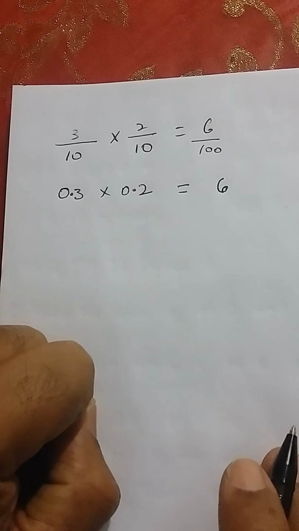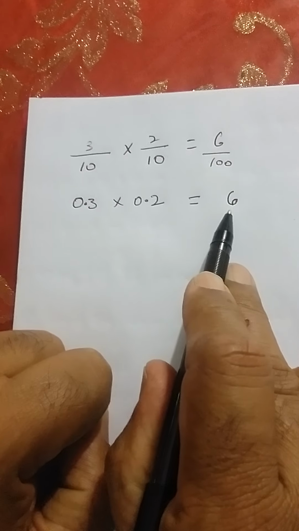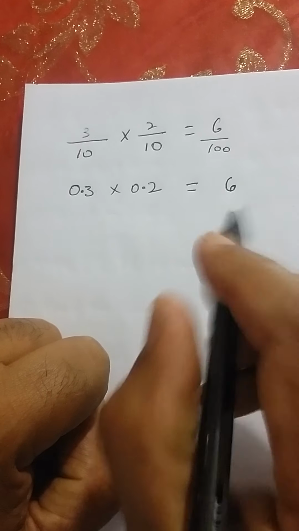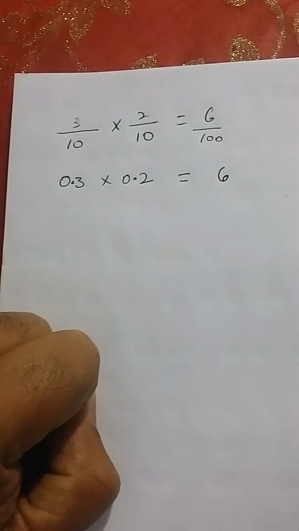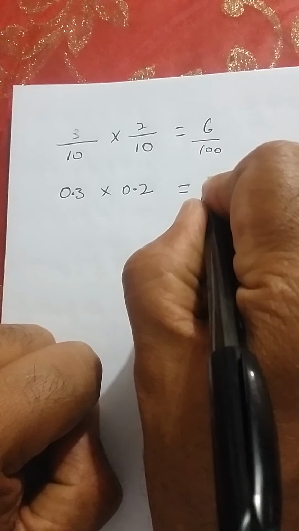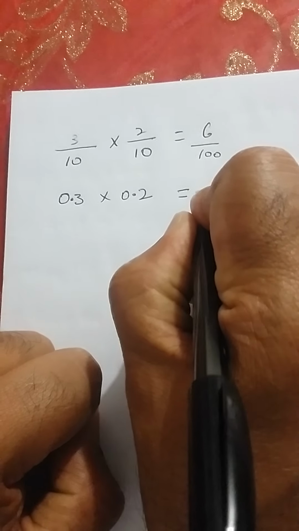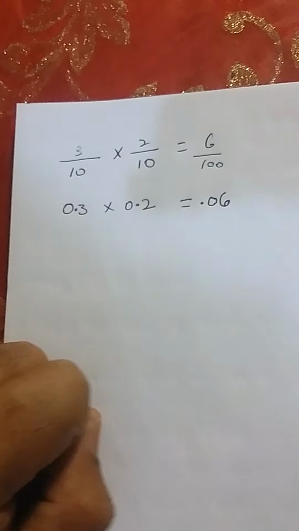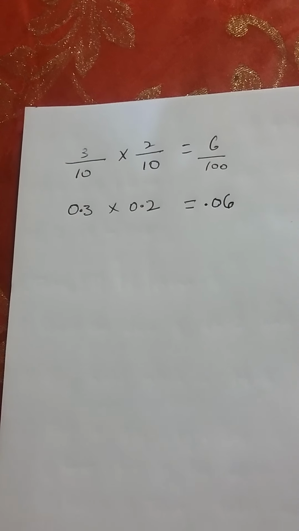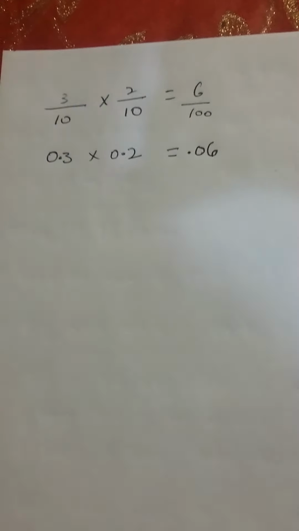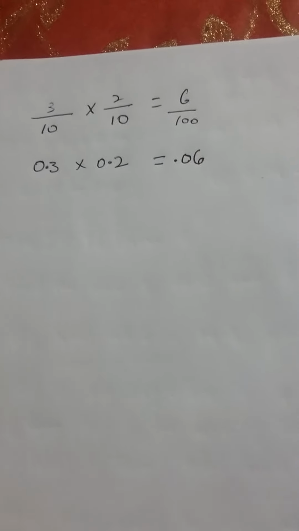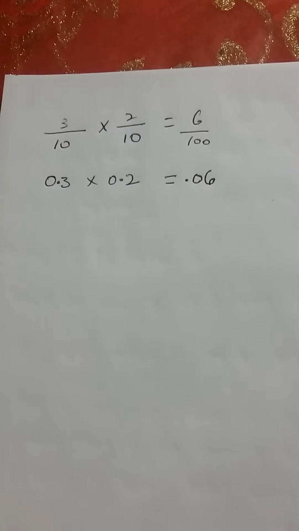How would we get 6 hundredths? This here is 6 wholes, and if I put a point here, that would just be 0.6. That's 6 tenths. So 6 hundredths can be written as 0.06. Let's see how we can construct our knowledge to figure out where we can put the decimal point.